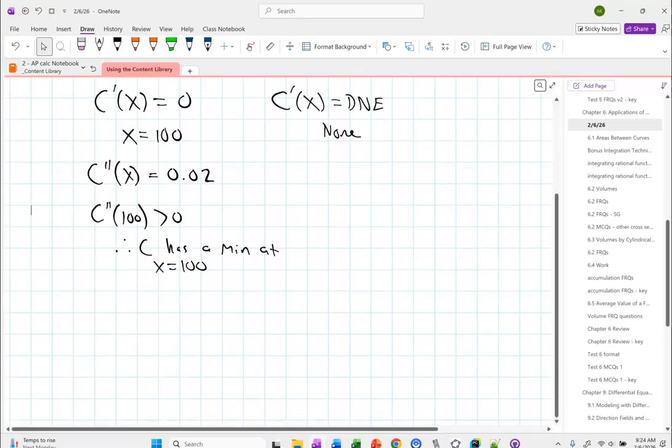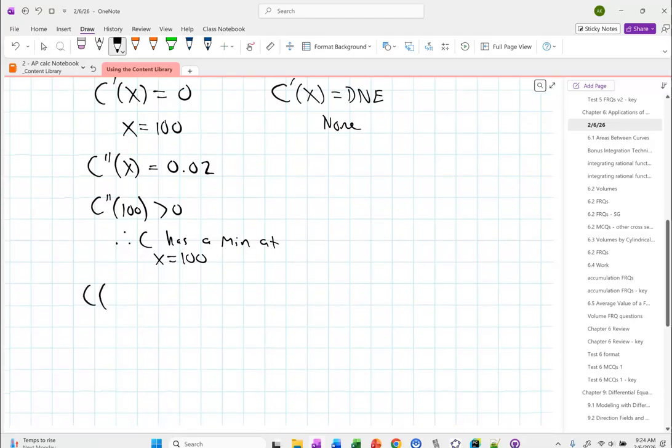Okay? So to check then, I'm going to try C of 100 and C of 0. And I'm just going to see which one's bigger. Well, C of 0 is real easy. That's just 500.